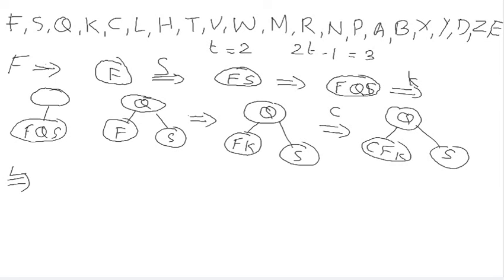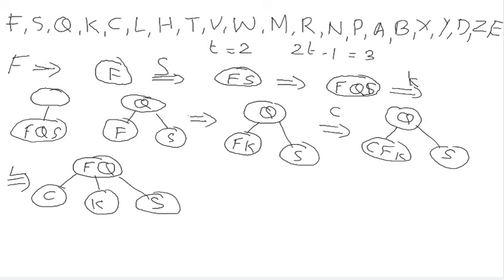So F will come to the root, F Q, and this is C. And we have K, then S. Remember, when there are two key values, it will have three children nodes, and we need to insert L. So L can be inserted into this node.